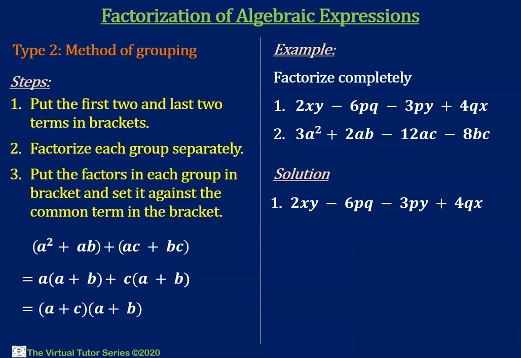For the sake of simplicity, let's rearrange the expression by bringing 4qx close to 2xy. Now, the first step is to put the first 2 and last 2 terms in bracket.